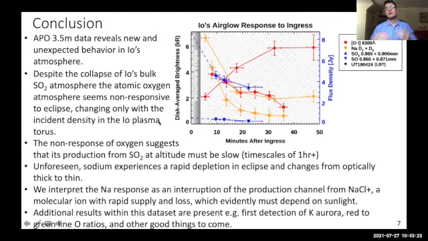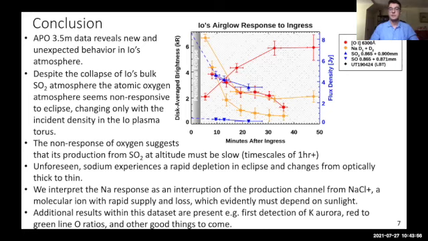And that non-responsive oxygen, because it doesn't seem to be affected by eclipse, whereas sulfur dioxide does, means that the production pipeline from sulfur dioxide and sulfur monoxide must be pretty slow, at least on timescales of an hour, because that production isn't catching up with the torus, meaning that the effect is subordinate to that of the toroidal geometry.